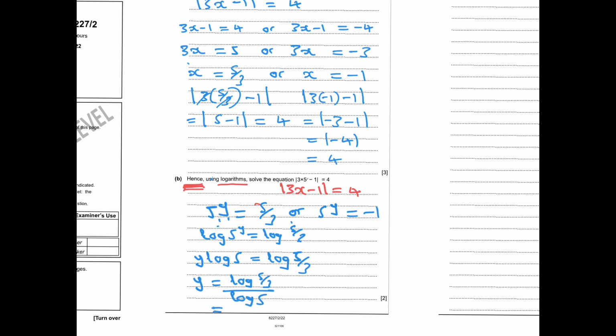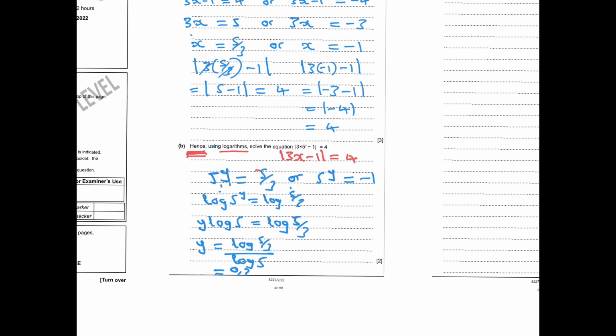That is equal to, now I have to use the calculator there. Log of 5/3 divided by log of 5, what do I get? I'm going to get 0.31739 and so on.